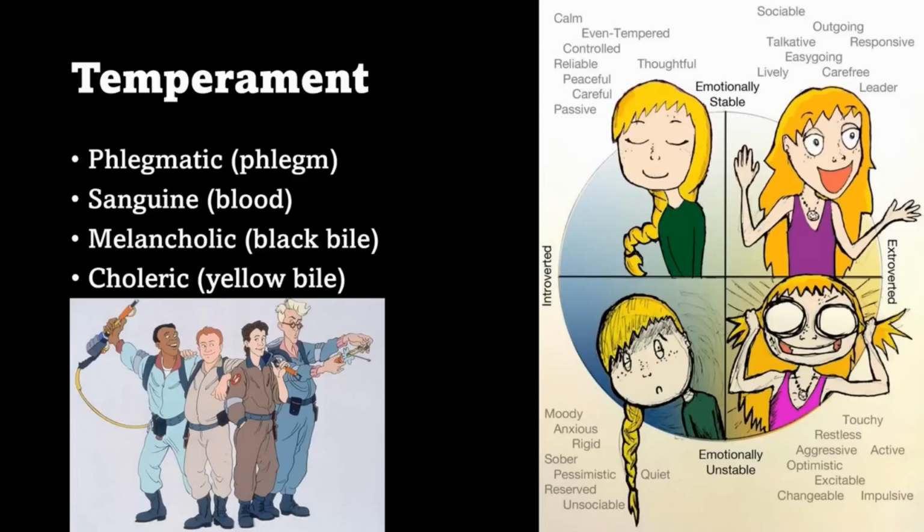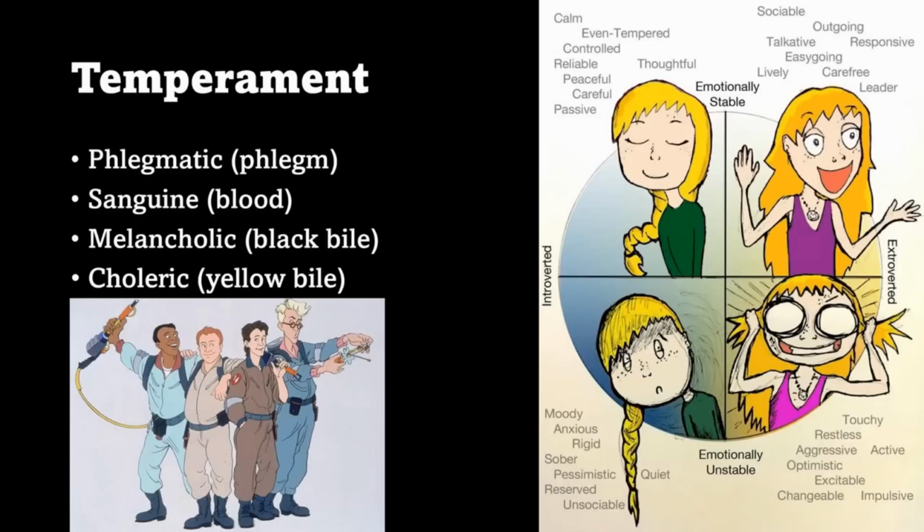Ray is sanguine. He's top right. He's the more fun-loving, the party one. And Winston, more laid back, bit more passive, bit more of a generic character in the background. He is phlegmatic. So there's your basic four temperament ensemble. But you can pick any other four-man set and do the same thing.